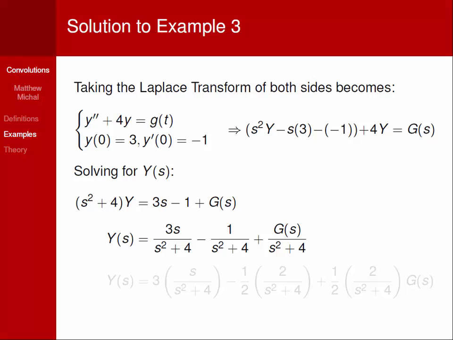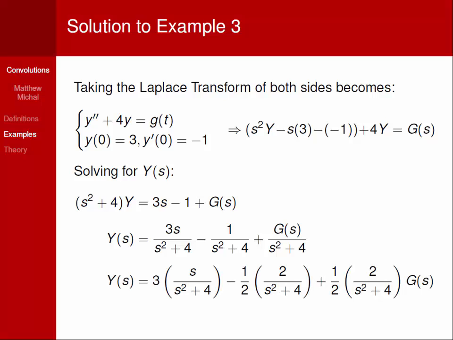This is easy, right? This looks like what? Cosine. This is almost sine. Sine of 2t, just like this is cosine of 2t, this is almost sine of 2t, so I need to do a little bit of maneuvering there. But this one, especially since I don't know what G of s is, move it out and I'm multiplying by my G of s, and this becomes sine of 2t.